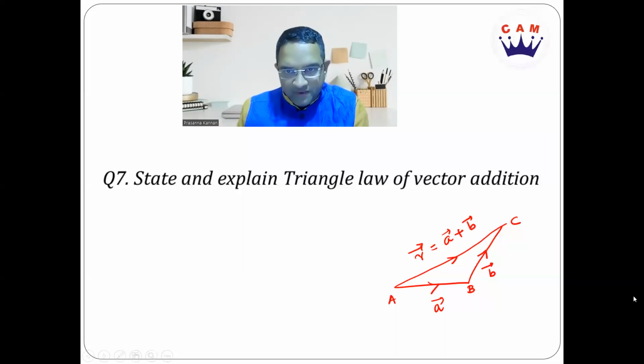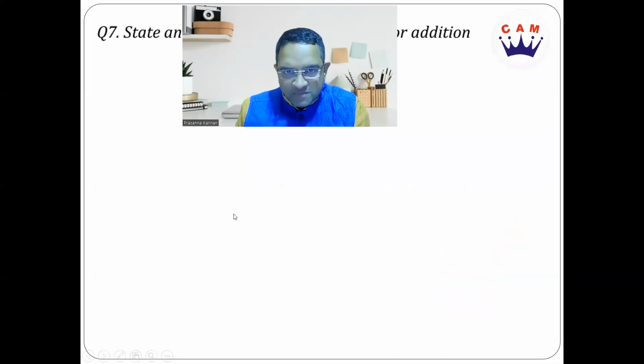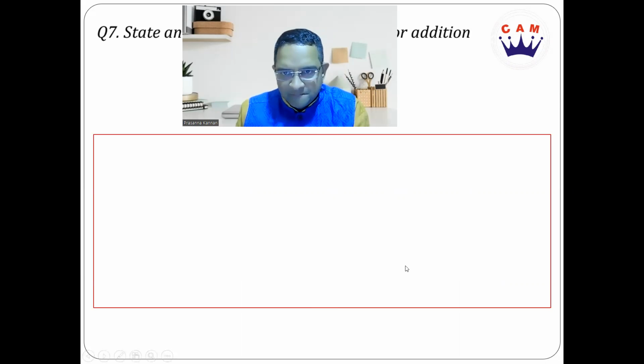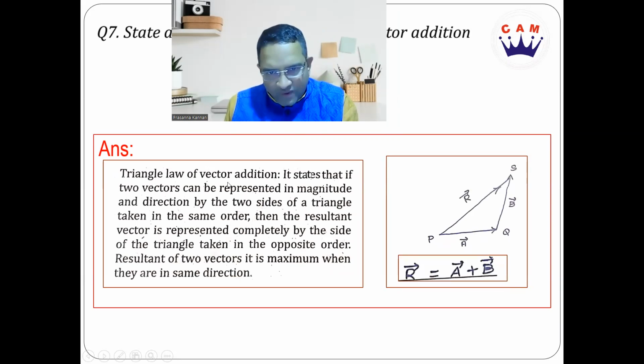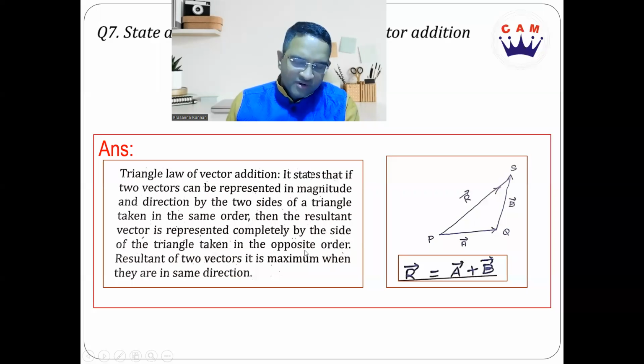Absolutely right. So you'll be expected to write the definition, the statement and also the diagram. Triangle of vector addition states that if two vectors can be represented completely in magnitude and direction by two sides of a triangle taken in the same order, then the resultant vector is represented completely by the other side of the triangle taken in opposite order.